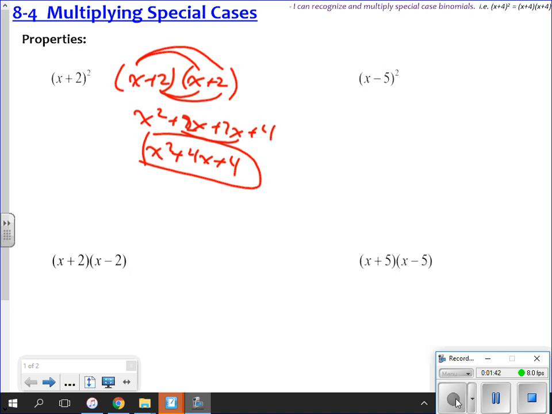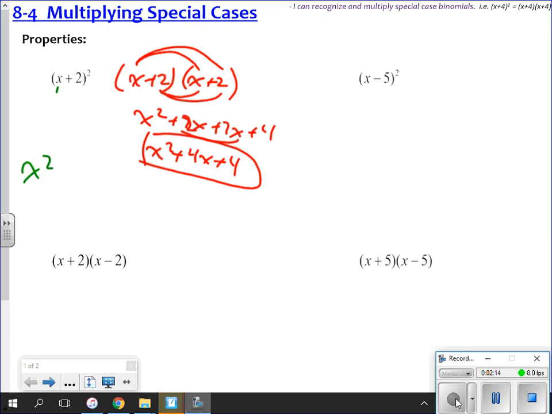However, there is a shortcut for perfect squares. If you can learn the shortcut and use it, it will not only make this easier, it will make factoring easier later on. The shortcut has 3 steps. First step, square the first term. If I take x and square it, I get x squared.